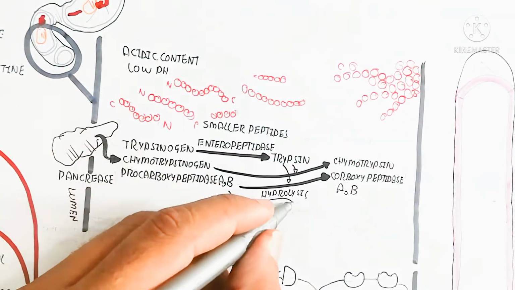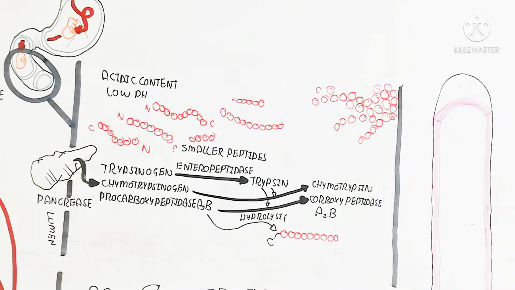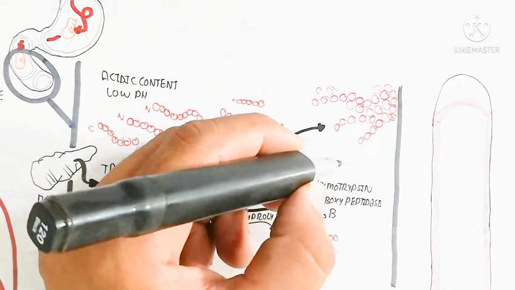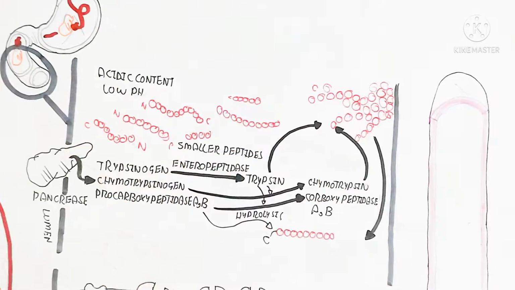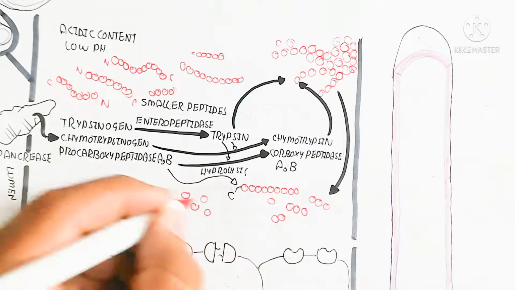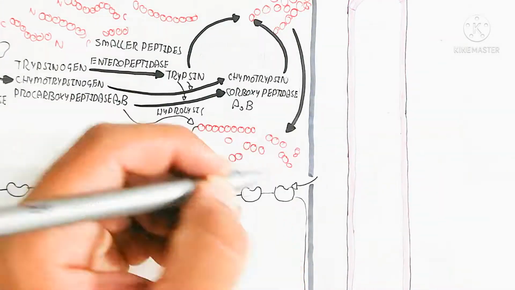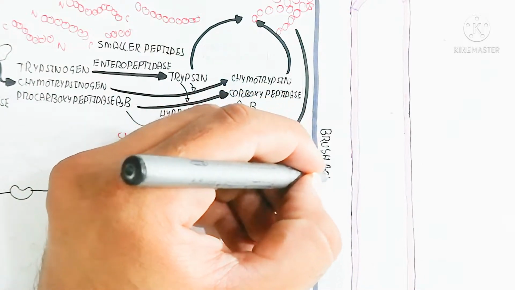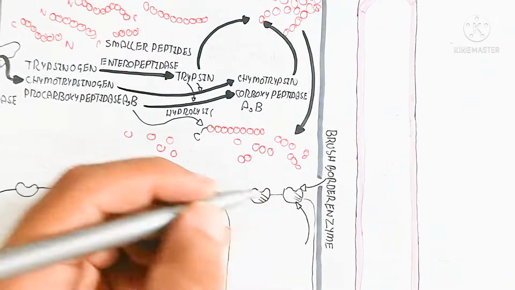This trypsin, also released from the pancreas, will convert chymotrypsinogen into chymotrypsin and activate carboxypeptidase A and B, and trypsinogen will be converted into trypsin by enteropeptidase. So trypsin is important and plays a role in the further activation of chymotrypsinogen and procarboxypeptidase.